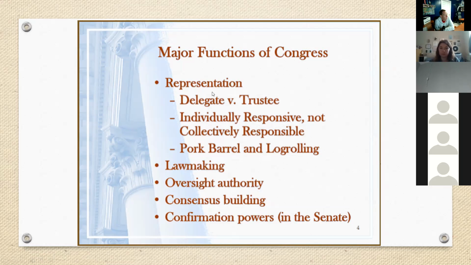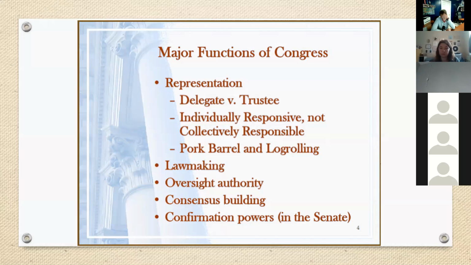Now let's talk about these things. A representative, what are their functions? This is confusing, delegate versus trustee. I found over the years that students get confused about that, and I have a couple of questions about it on your Congress test. If somebody is a representative and they see themselves as a delegate, their view is that they represent every person in their district.